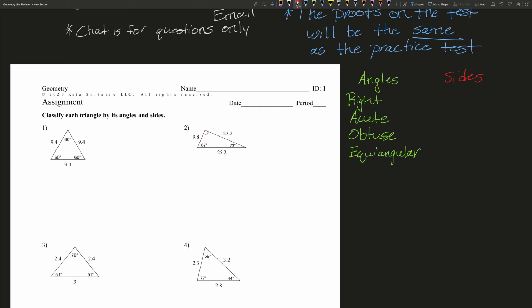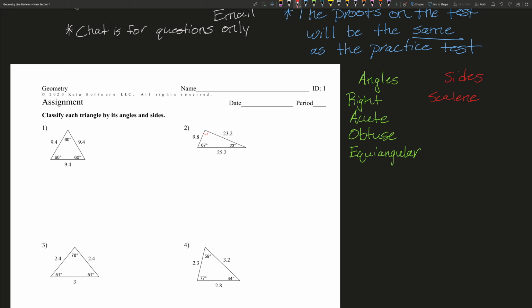Right triangles are always going to have a right angle in them, so kind of like number 2. Acute triangles will have all of their angles be acute. Obtuse triangles will have one obtuse angle, and equiangular triangles will have all of their angles be equal. All right. So if we classify by sides, we can have scalene. Scalene triangles are triangles whose sides are none congruent.